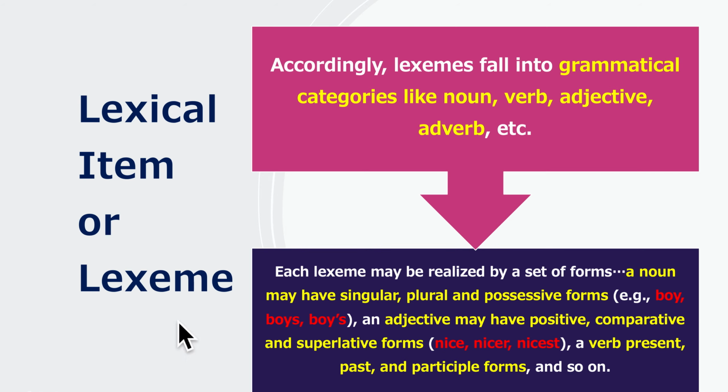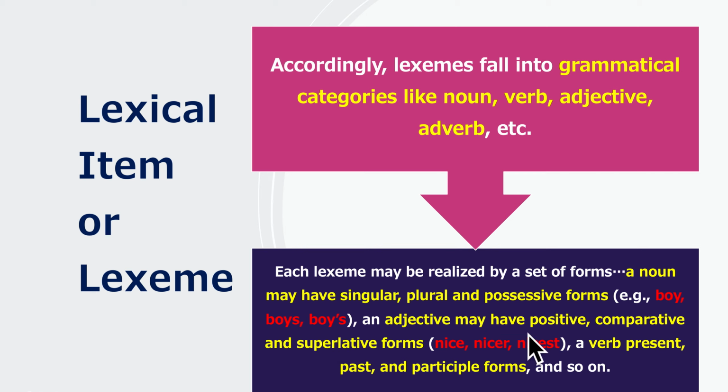Lexical item or lexeme. Some more information about the third point. Accordingly, lexemes fall into grammatical categories like noun, verb, adjective, adverb, etc. Each lexeme may be realized by a set of forms. A noun may have singular, plural, and possessive forms, for example, boy, singular, boys, plural, and boy's, possessive.